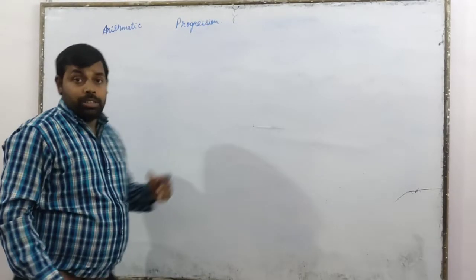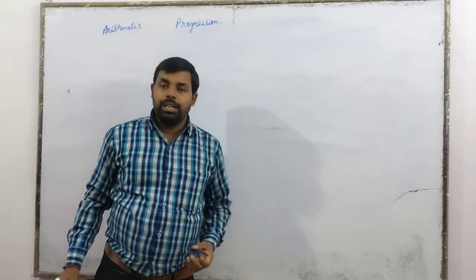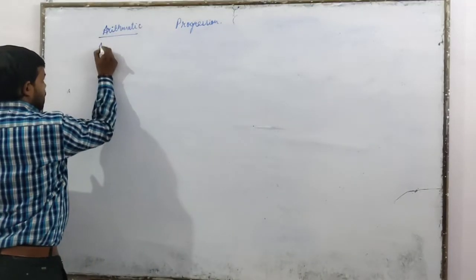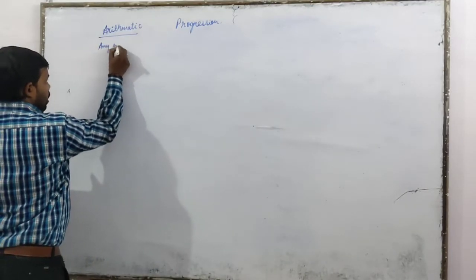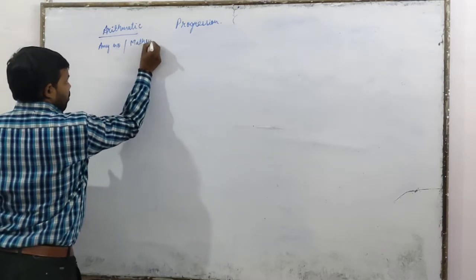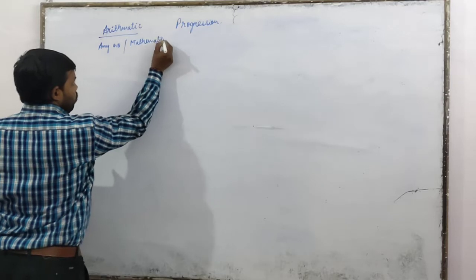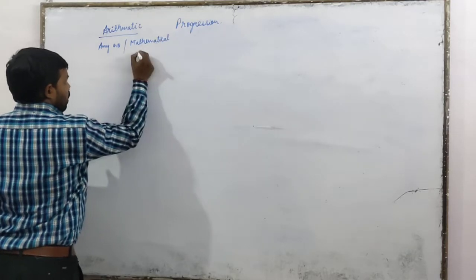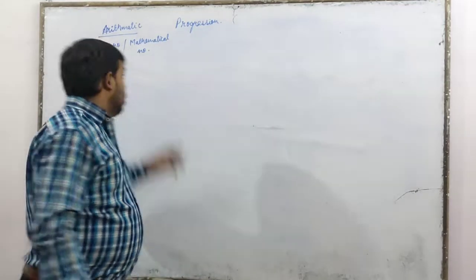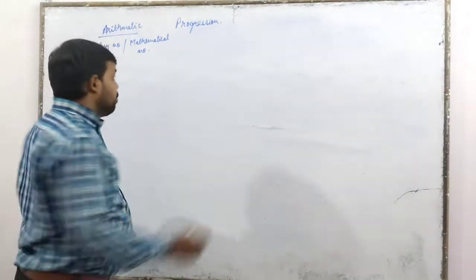This is a very new word, so we first need to understand what is the meaning of the words arithmetic progression. Arithmetic is any number, or you can say it is a mathematical number. Any number that has been used in mathematics is called arithmetic or mathematical number.